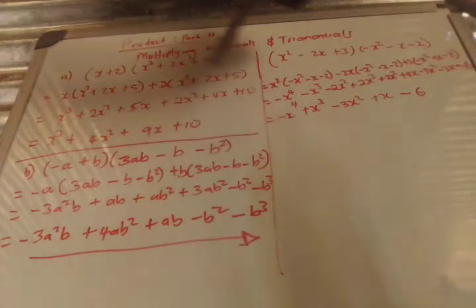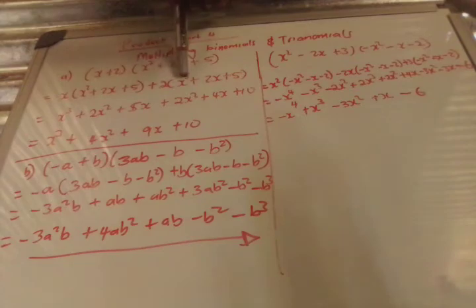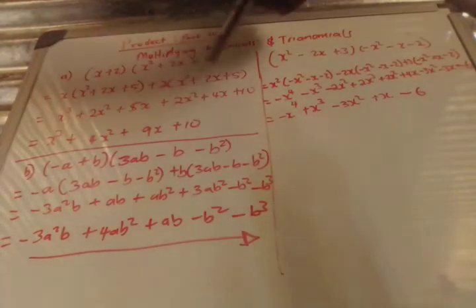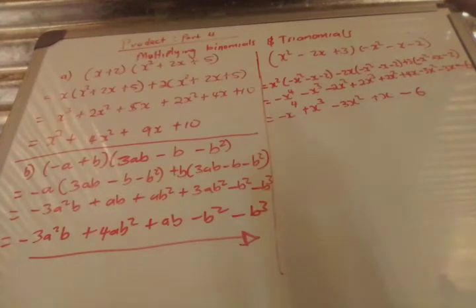Similarly on this side, 2 times x squared is 2x squared, 2 times 2x is 4x, and 2 times 5 is 10.